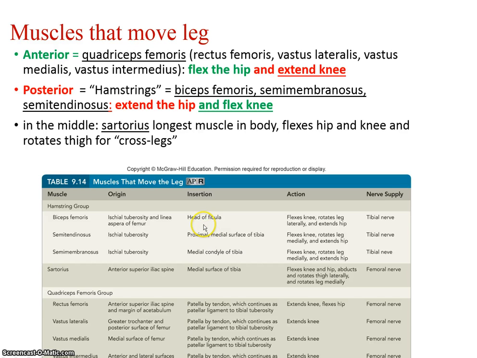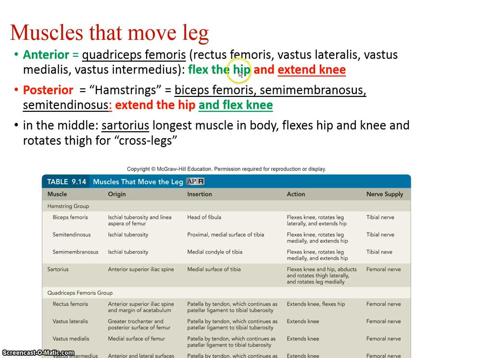So insertions, if we're going to move the leg, have to be somewhere on the tibia or fibula. Now we have an opposite though. The anterior ones, collectively called the quadriceps femoris, there are 4 of them, and you need to know them: rectus femoris, vastus lateralis, vastus medialis, and vastus intermedius.